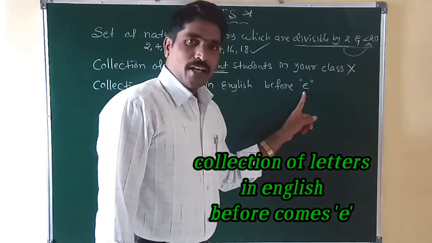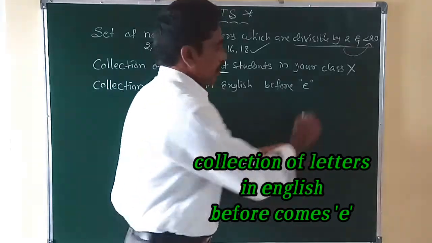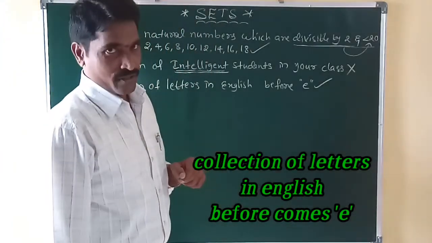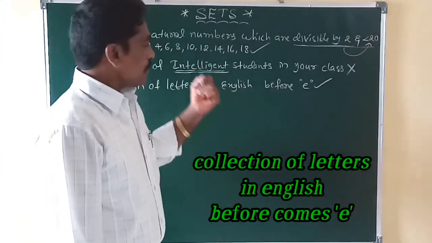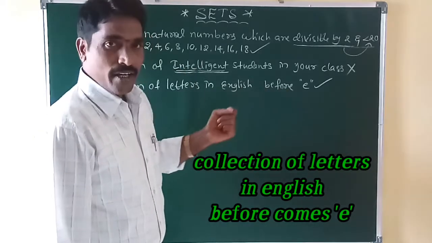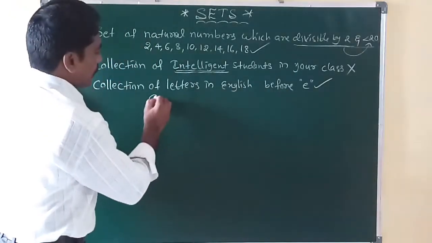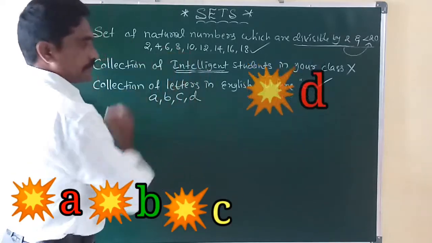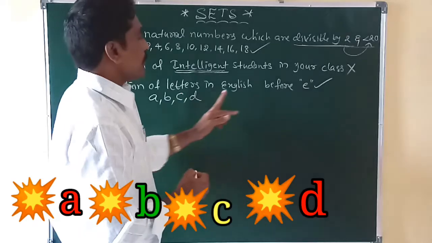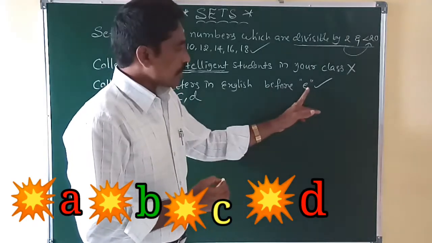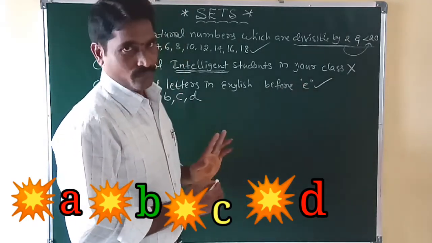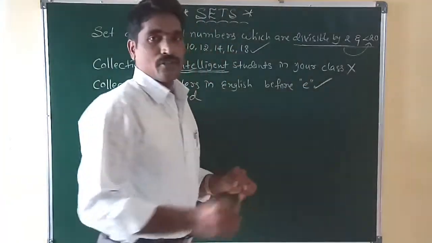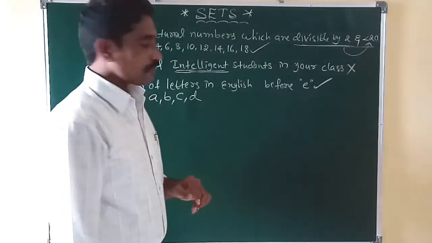Is this a well-defined collection of objects? Yes, it is a well-defined collection of objects and they are distinct. What are the letters in English before E? They are A, B, C, D. These are the 4 letters in English before the letter E comes. So you can say this is a well-defined collection of objects.